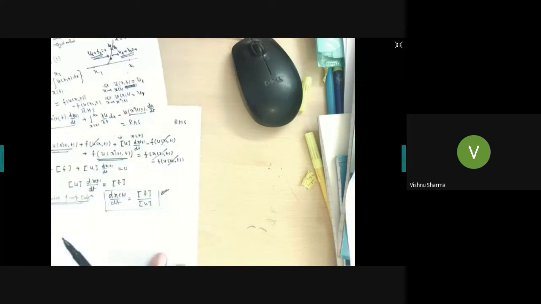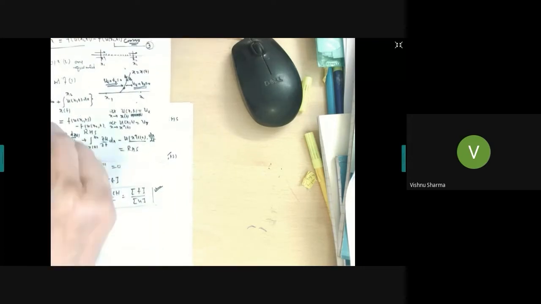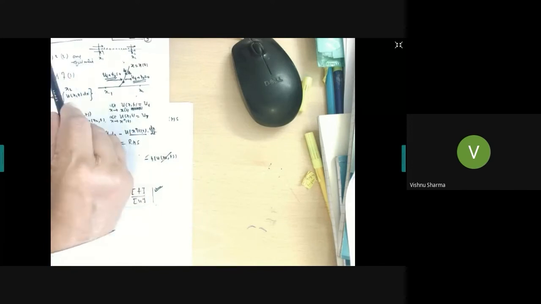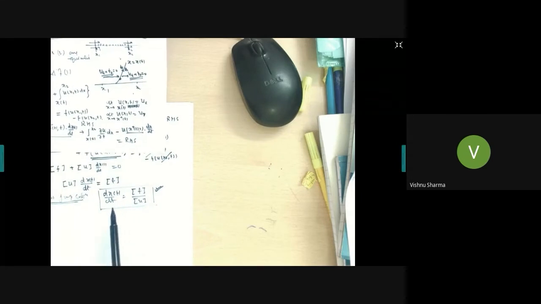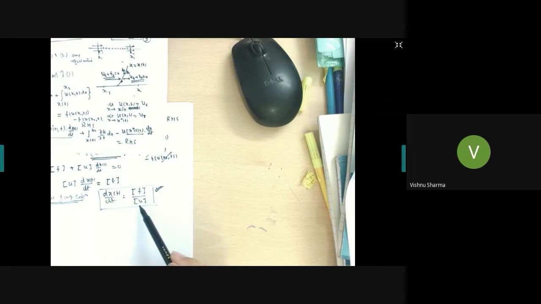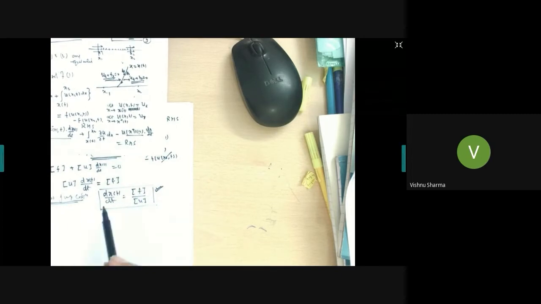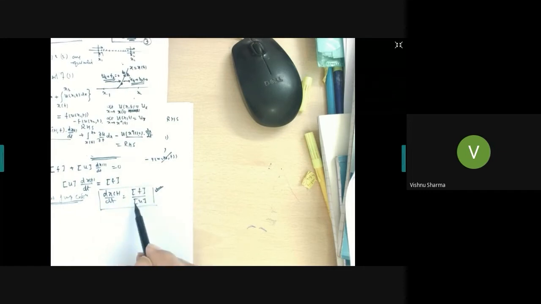So this modified conservation form suggests that across the discontinuity, u is discontinuous, f is discontinuous, they must satisfy this relation. That is, the velocity is nothing but the ratio of these two.